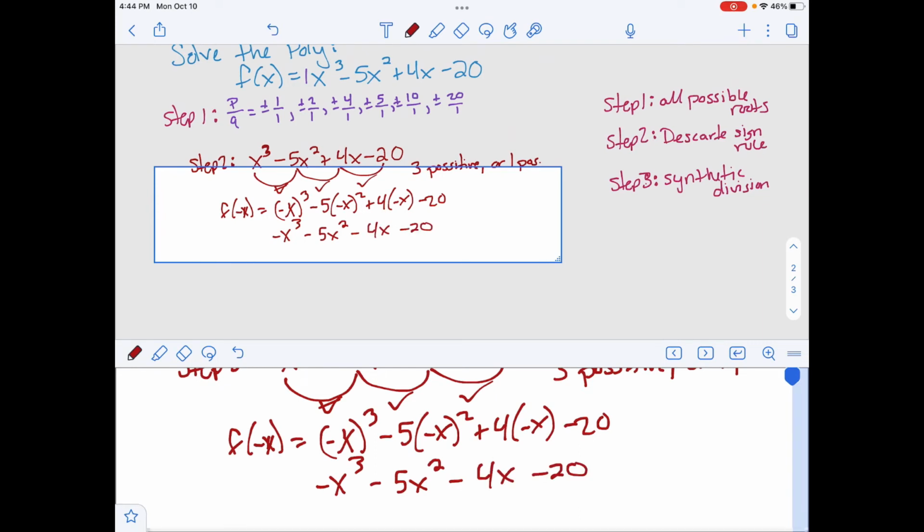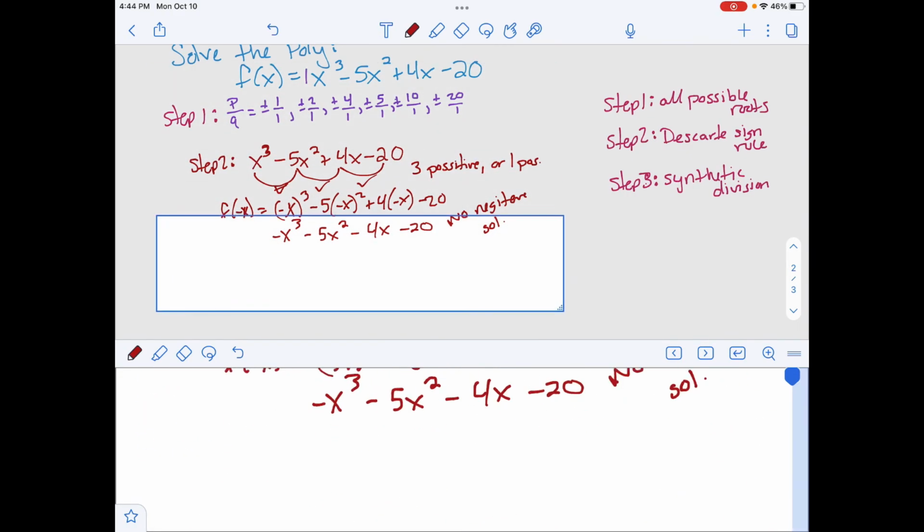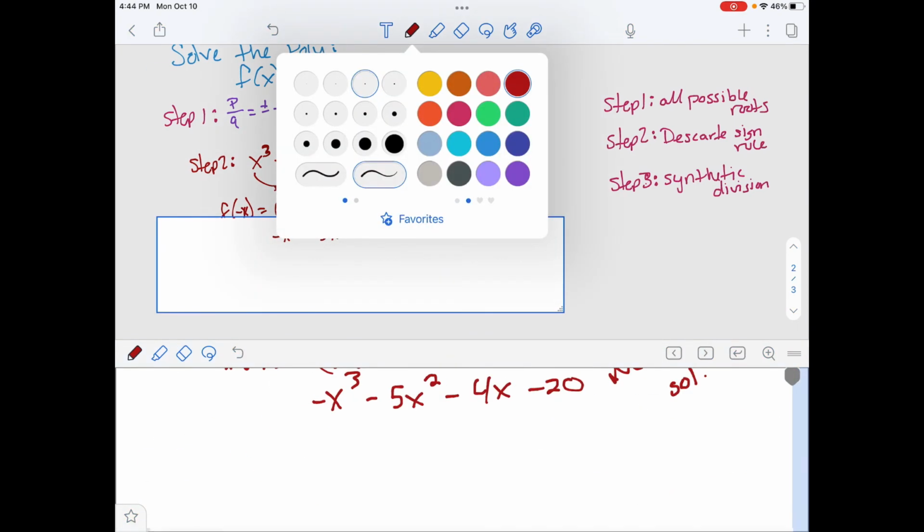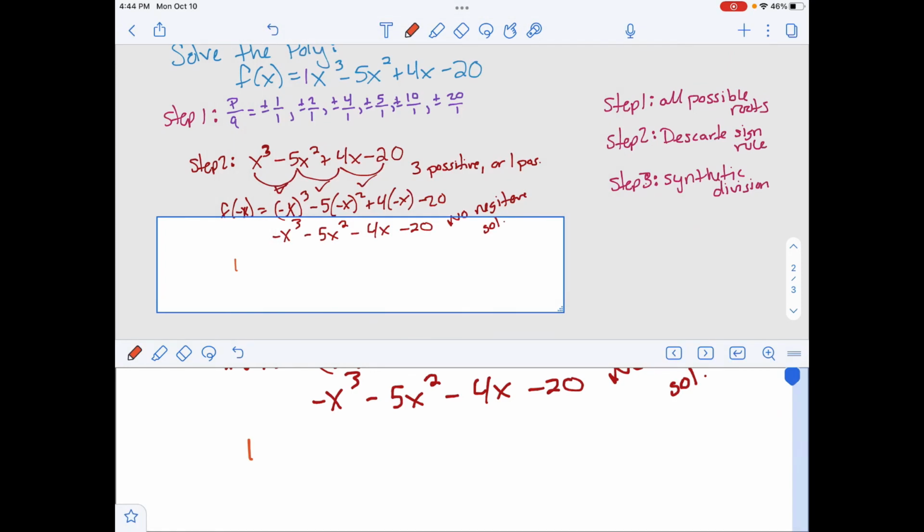The signs don't change at all, which means we have no negative solutions. No negative solutions, which means what? That means we don't have to plug in any of the negative numbers up here. So really, we only have to check for 1, 2, 4, 5, 10, and 20. I just took out my negatives.